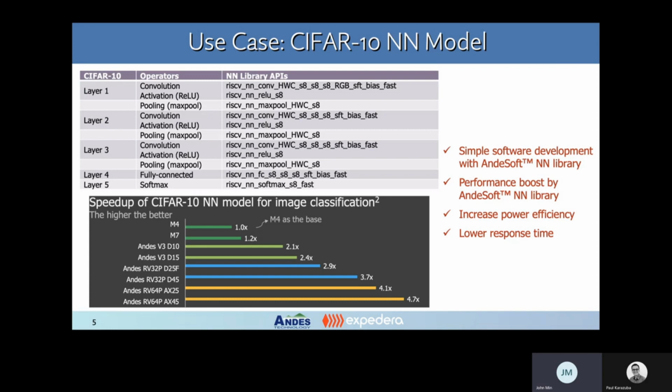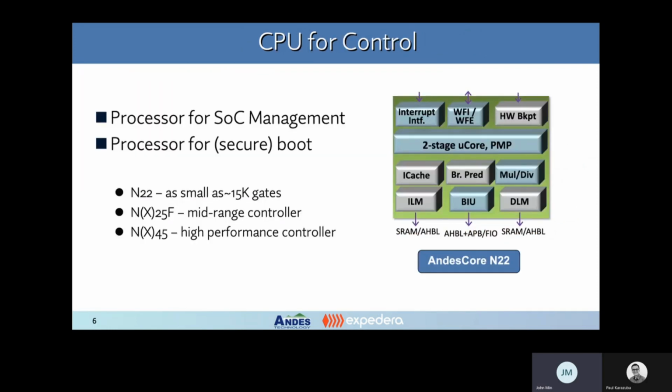Next slide. And where we could use this CPU is that fundamentally the CPU is required in most intelligent processing chips. So we start with a simple processor like our N22, N25, or N45 to manage the system, do the secure boot, or manage the firmware image that's running. Next slide.